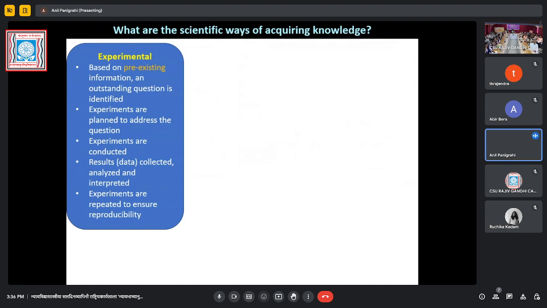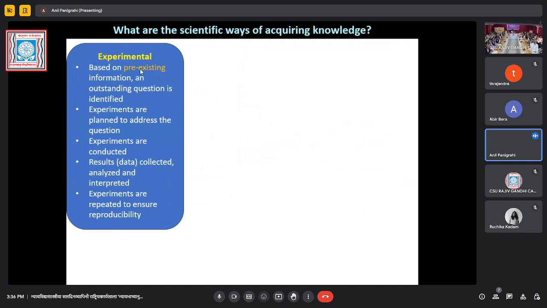So, we can think of three distinct ways that science tries to acquire knowledge about the physical reality. One is the experimental. In experimental, what we essentially do is based on pre-existing information. And if you go back, you end up in philosophy.